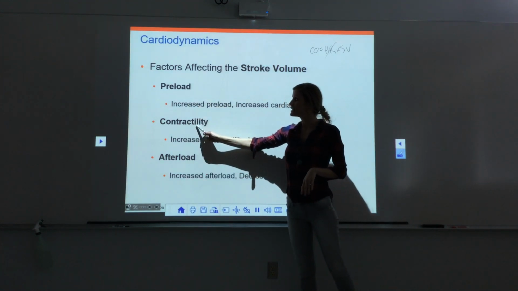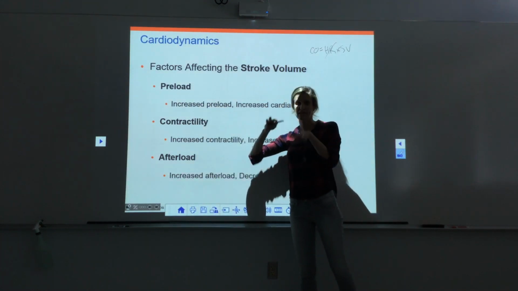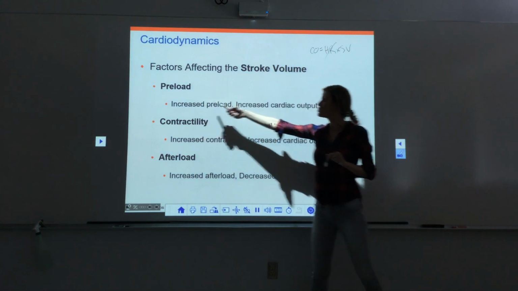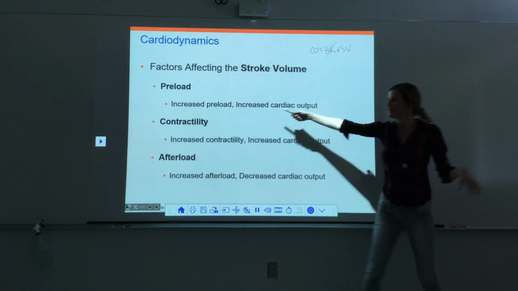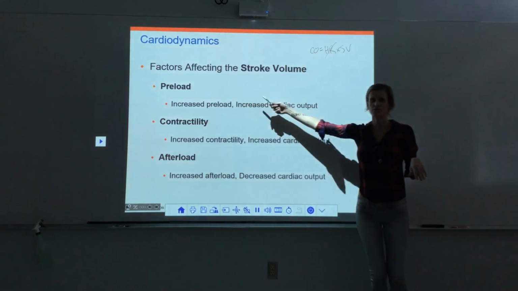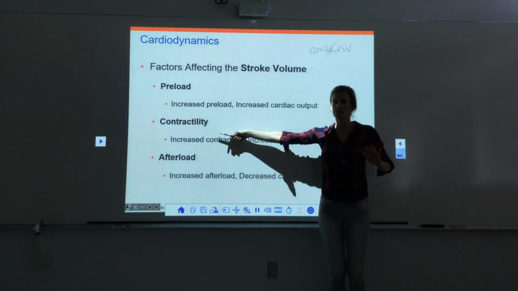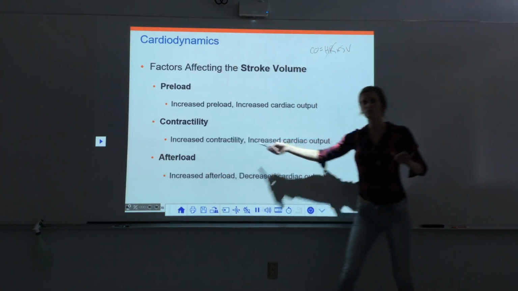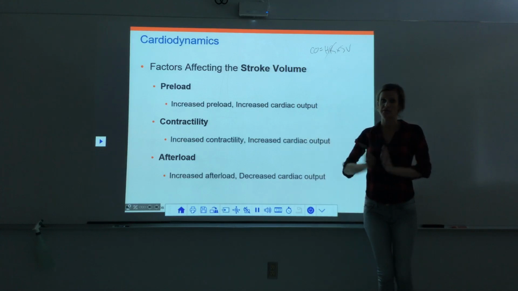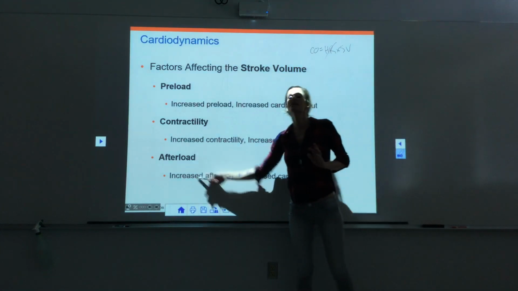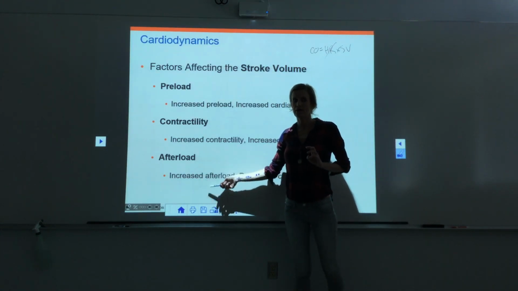Preload and contractility we'll see vary the same way. So like if preload goes up, cardiac output goes up. Okay, they vary in the same way. If preload goes down, cardiac output goes down. Same thing with contractility. If contractility goes up, cardiac output goes up. Contractility goes down, cardiac output goes down. Afterload's the opposite though. Okay, afterload is different.